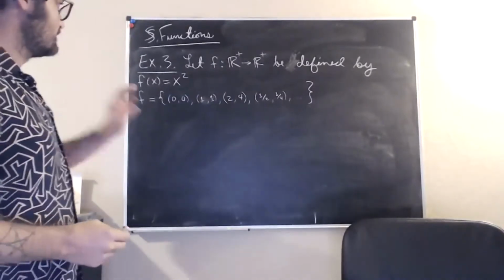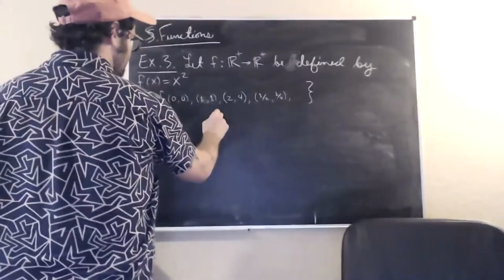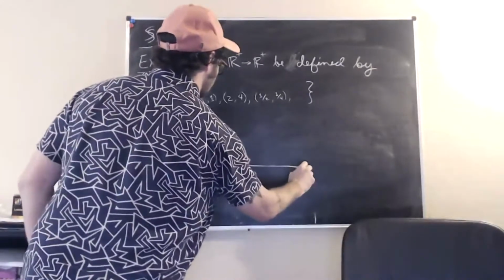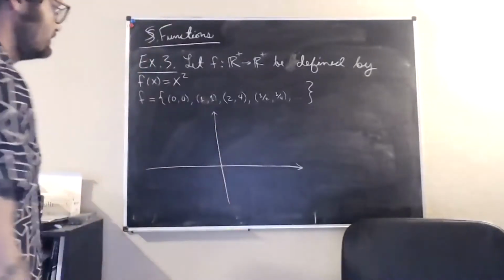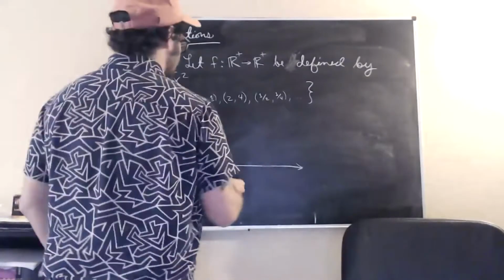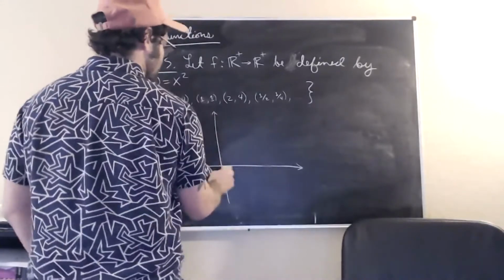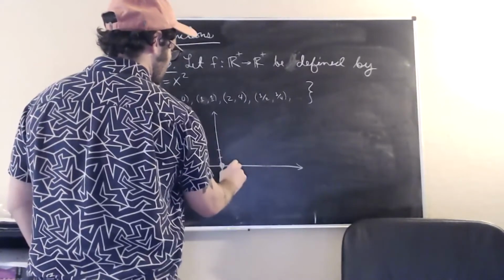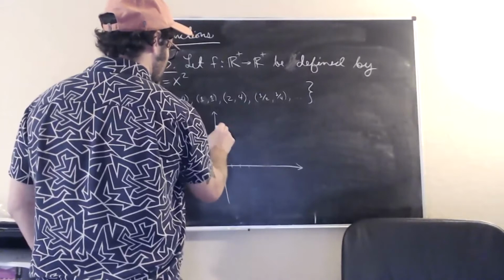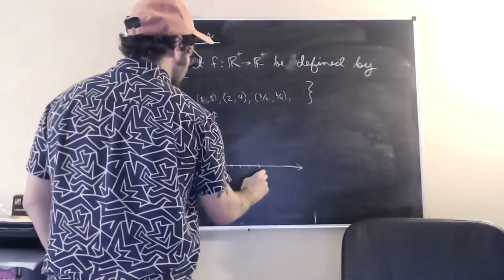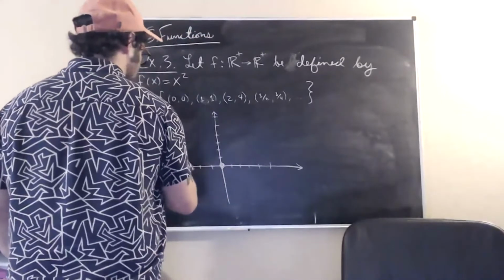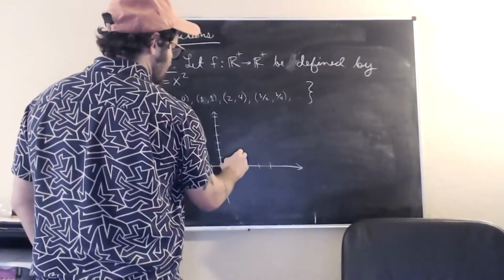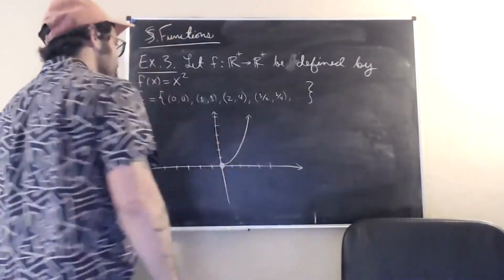Right? So if we look at R times R, right? Okay, so like that tuple's in there. Like this, and we know what the graph is going to look like. We start plotting all those points inside of f.